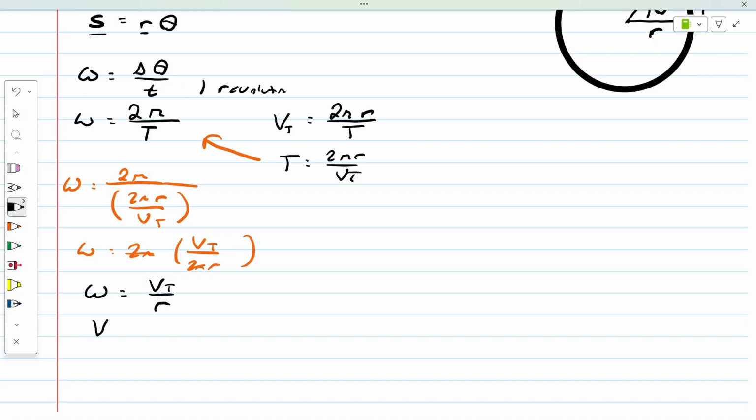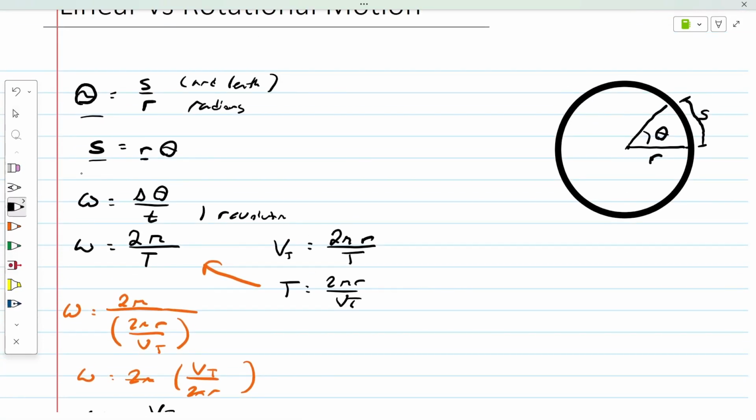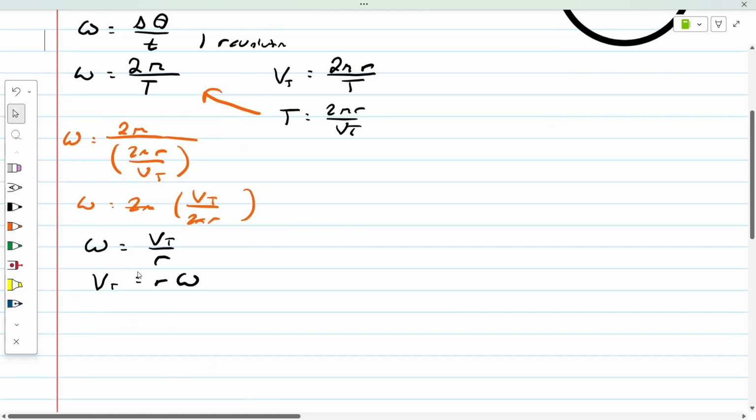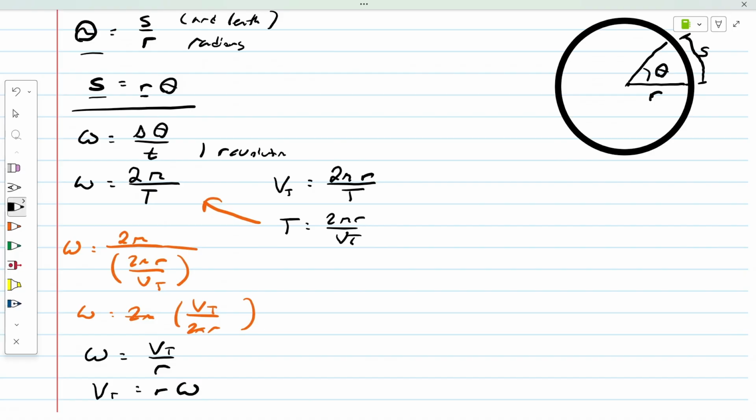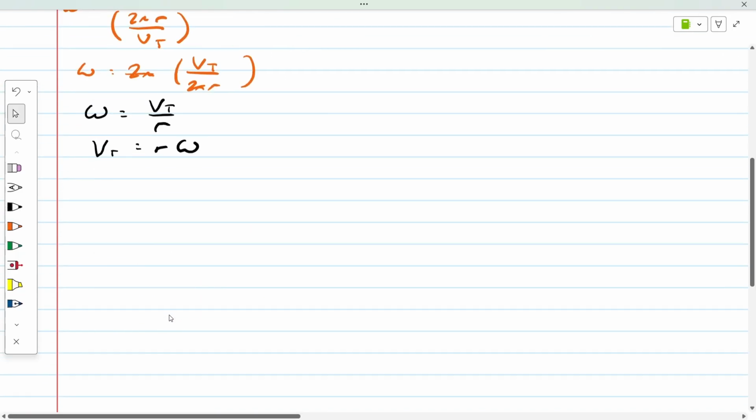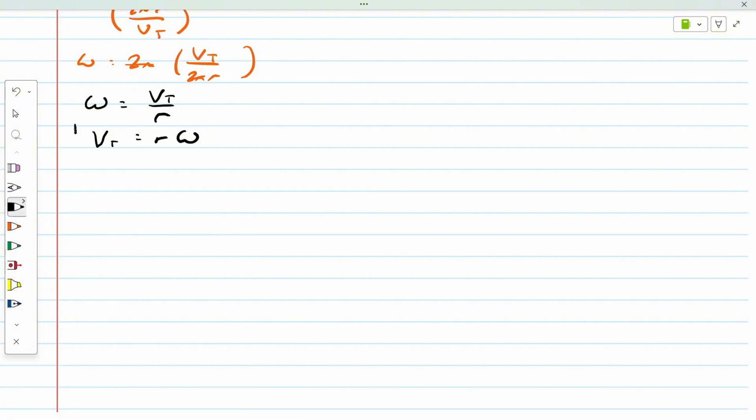And so if we rewrite this, we get the tangential velocity equals the radius times the angular velocity, which is in the same form as arc length equals the radius times theta. And so let me just box this in as our first equation. And so now we have a way to relate the linear velocity to the angular velocity.